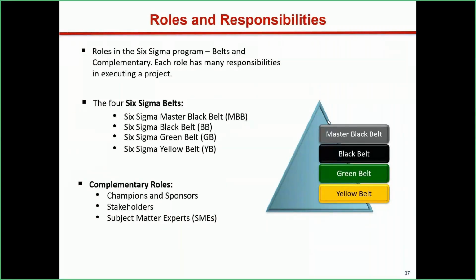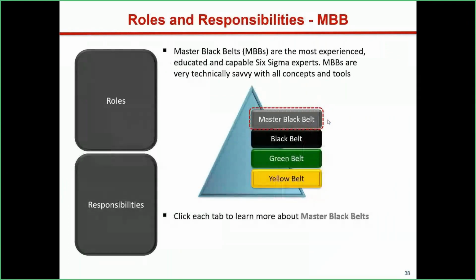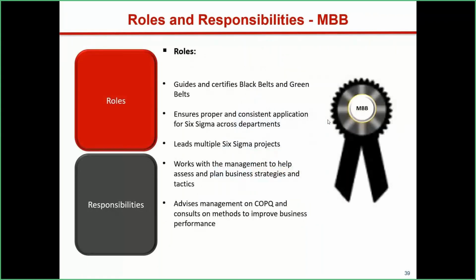So let's continue with the roles and responsibilities of a Master Black Belt. They are the most experienced, educated, and capable Six Sigma experts. Master Black Belts are very technically savvy with all concepts and tools. A Master Black Belt guides and certifies Black Belts and Green Belts, ensures proper and consistent application of Six Sigma across departments, and leads multiple Six Sigma projects.